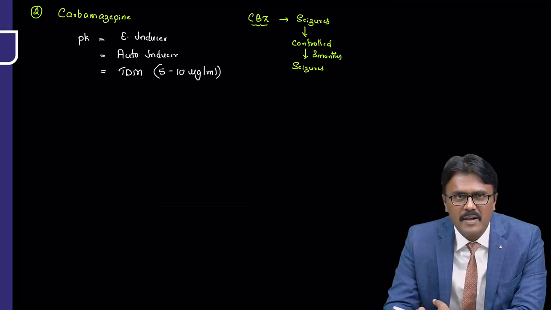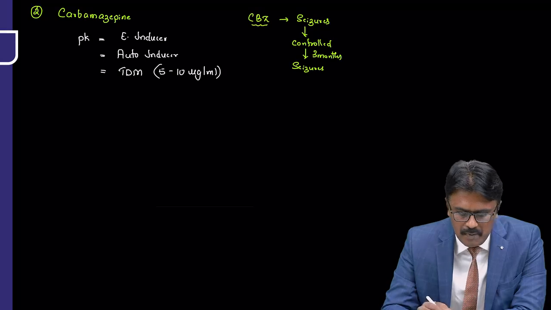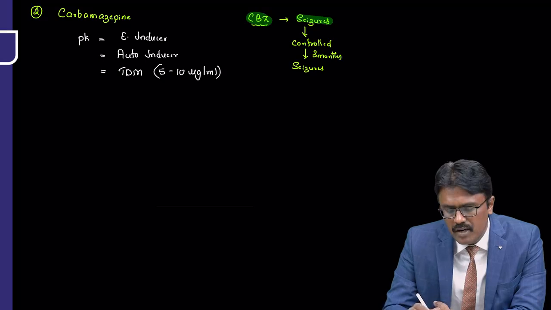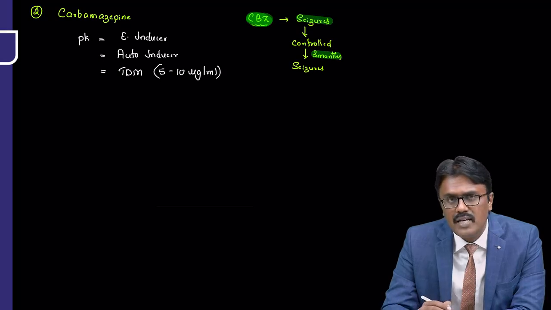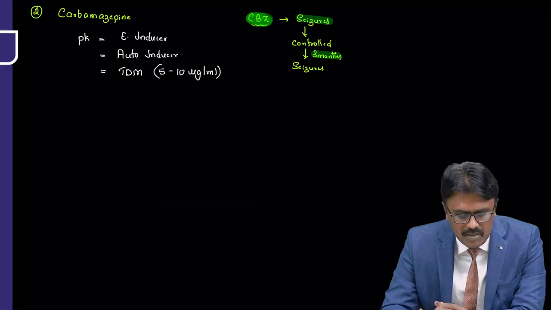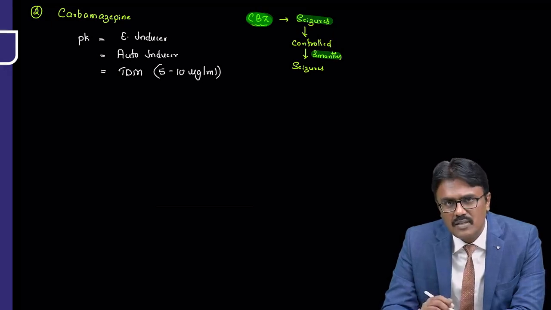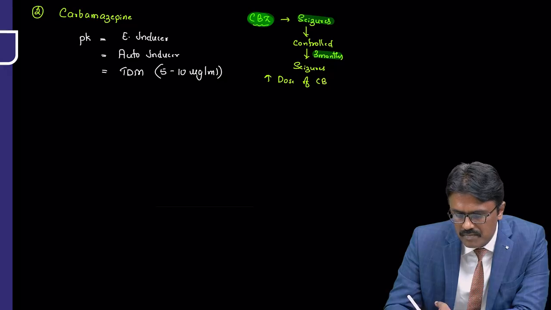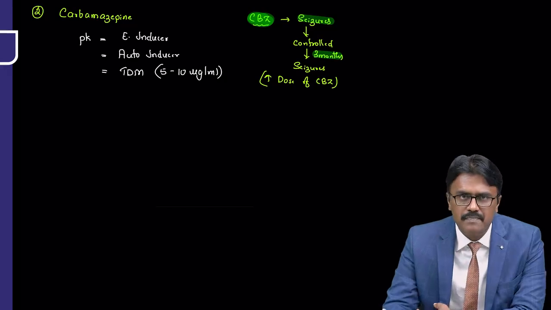Take your chance. When I started carbamazepine, it was working, the seizures were controlled. But when used for a very long time, carbamazepine causes enzyme induction and that will metabolize carbamazepine. Now carbamazepine cannot control the seizures. So what should I do? I have to increase the dose of carbamazepine in this patient. So that is the meaning of auto-inducer.